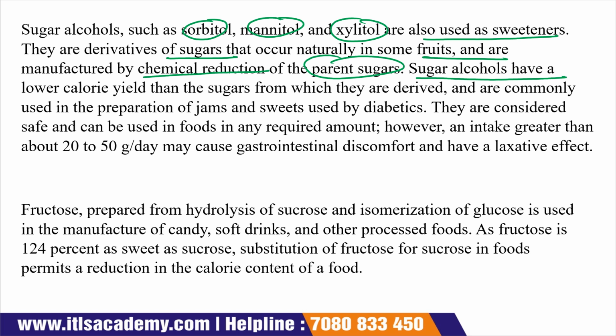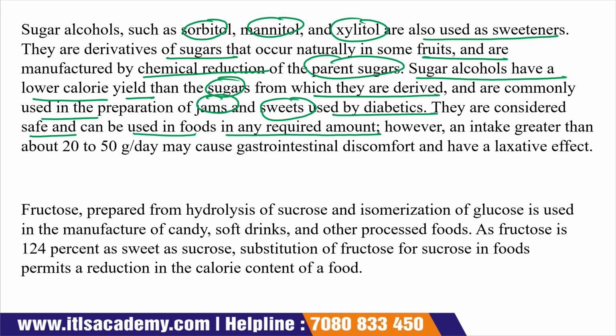Sugar alcohols have a lower calorie yield as compared to the sugar from which they are derived, and they are commonly used in the preparation of various food products, such as jam and sweets used by diabetic patients.